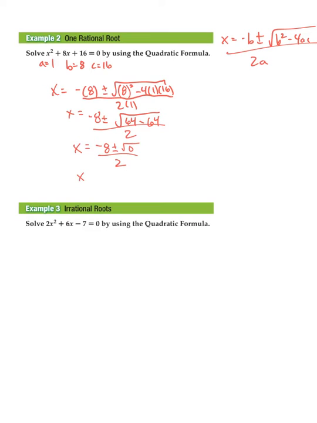So this really just simplifies to negative 8, since plus 0 is negative 8 and minus 0 is negative 8. So it's negative 8 over 2, which is negative 4. A problem like that simplifies pretty nicely and goes pretty quick with the quadratic formula. Again, it could have been factored because it is a rational root.